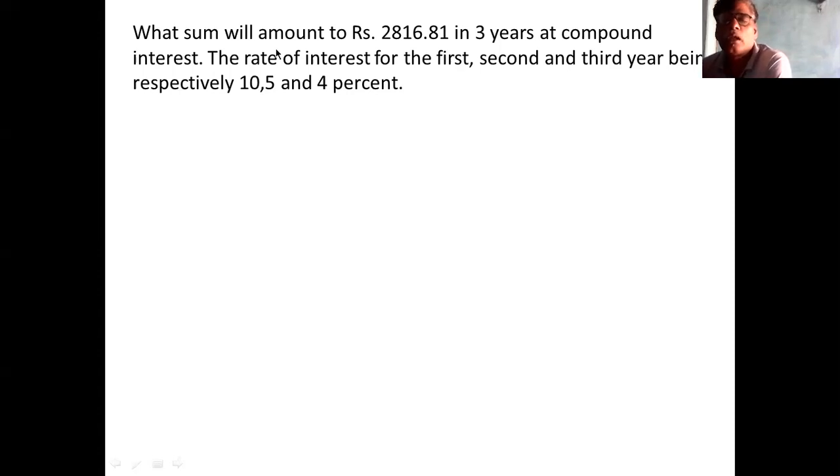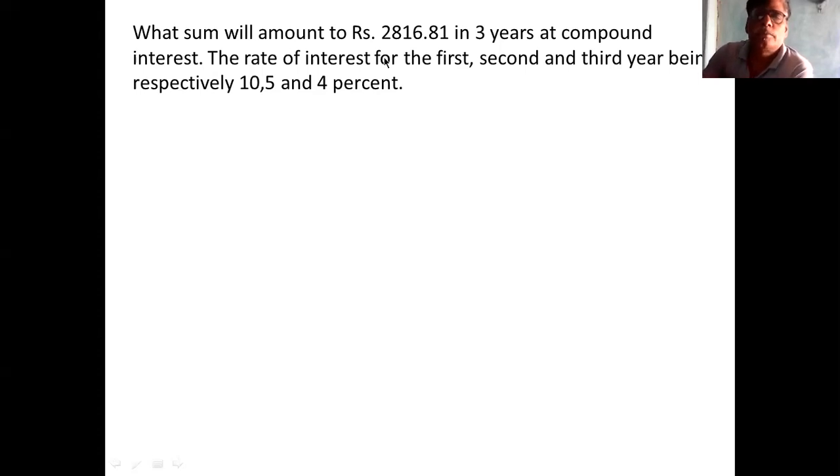What sum will amount to rupees 2816.81 in 3 years at compound interest? They asked to calculate the principal for the amount 2816.81 in 3 years. Period is 3 years.